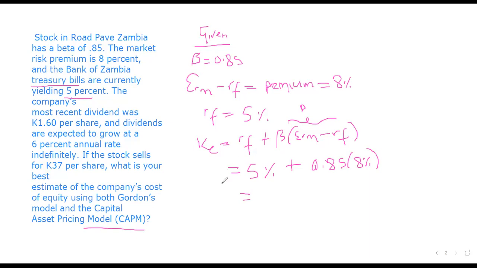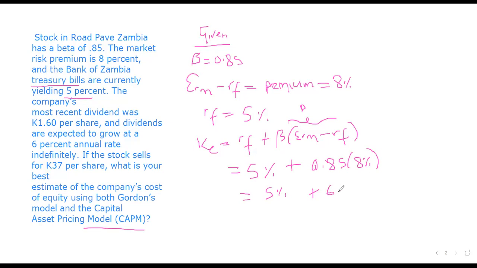Is it 73%? 5% plus what? 0.85. Yes. 0.85 times 8, what do you get? 0.85 times 0.08 gives me 0.068.